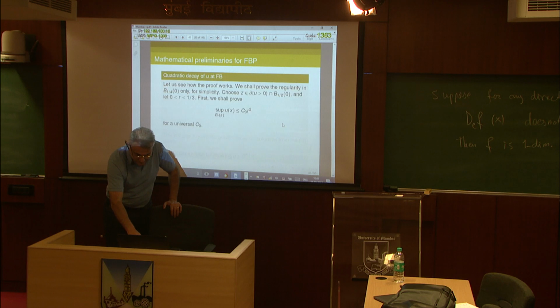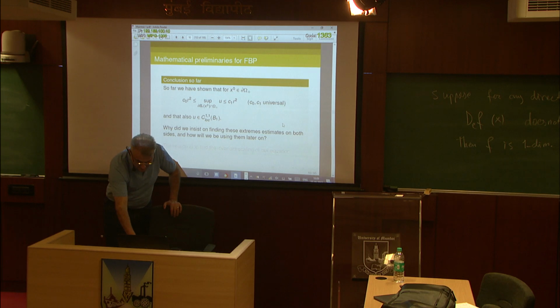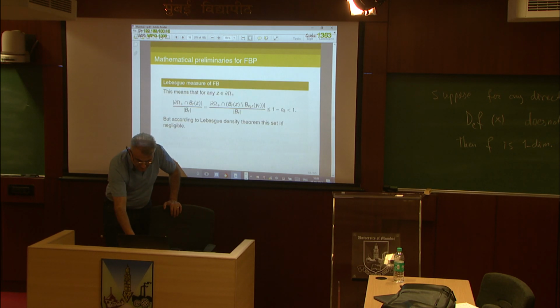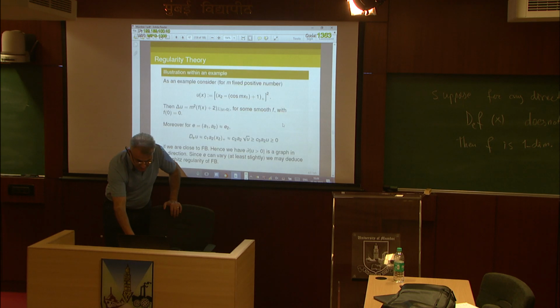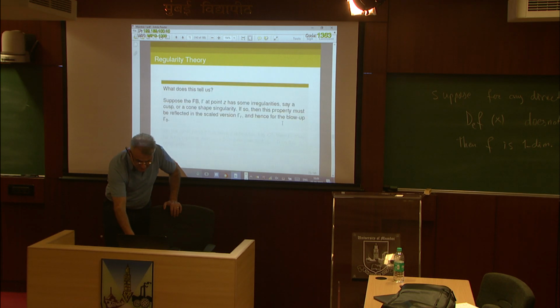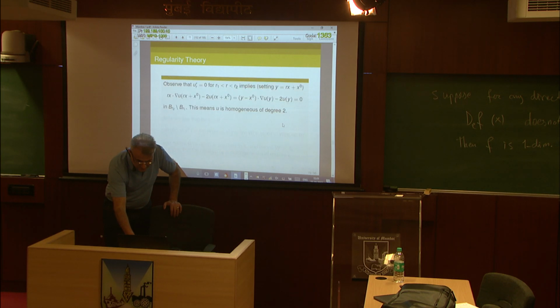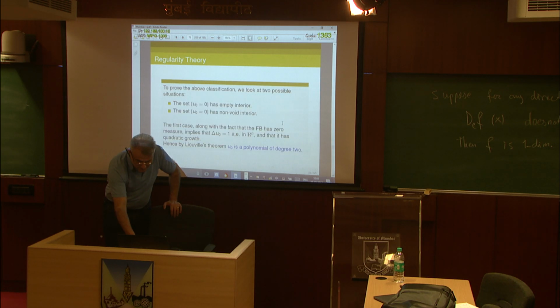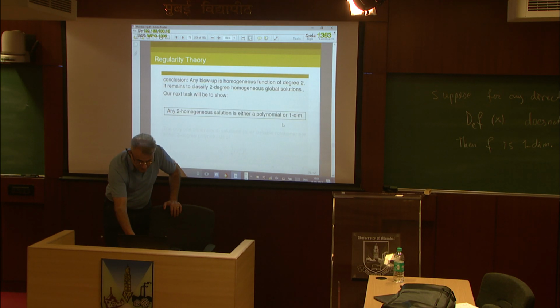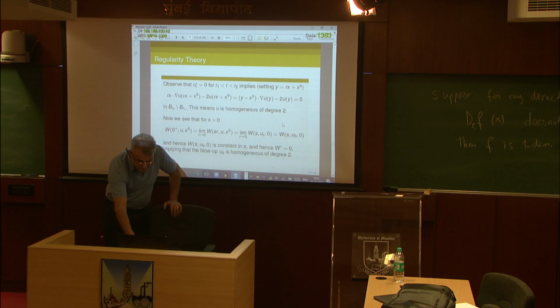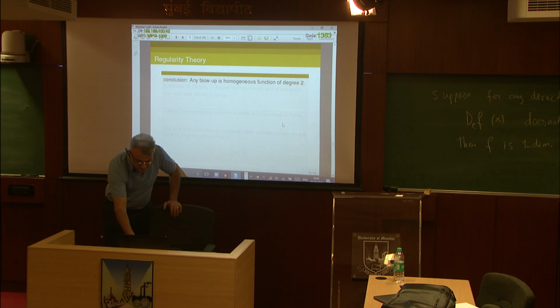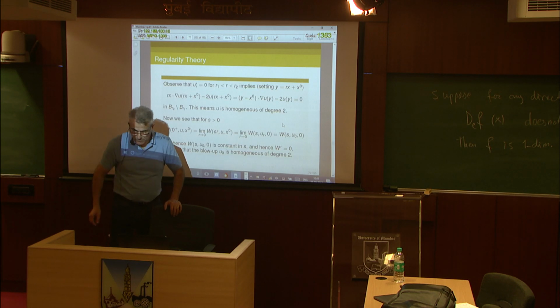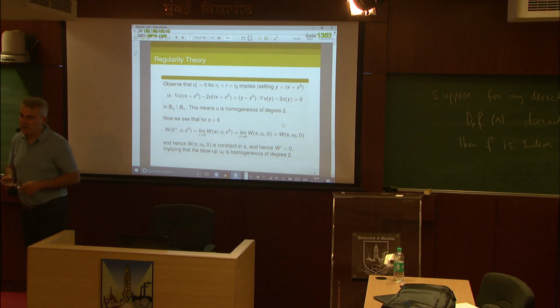So let's go back to where we finished. And the proof, I started with a little bit of flaws, so I changed it yesterday evening to actually a proof which is simpler. Yes, so let me go through it completely so we can see. Okay, you have the conclusion that any blow-up limit is homogeneous of degree 2. Do you recall that part?